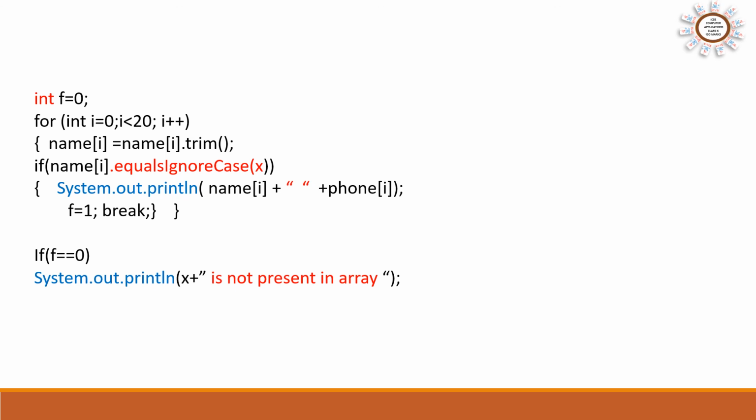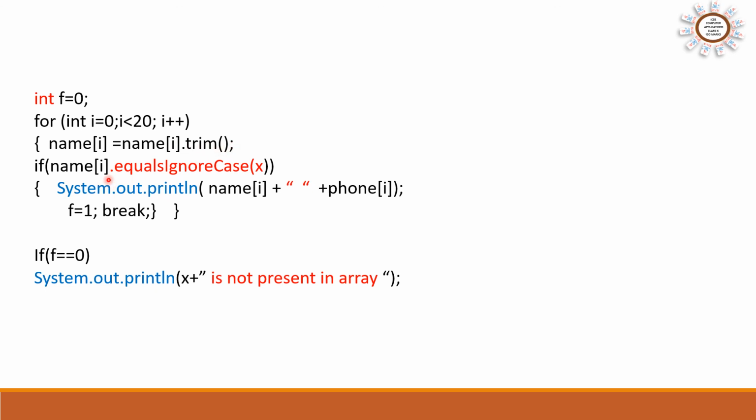And start the loop for checking: for (int i = 0; i < 20; i++). name[i], that means name[0], name[1] up to name[19]. name[i] = name[i].trim(). First we will trim, that means remove the extra space.